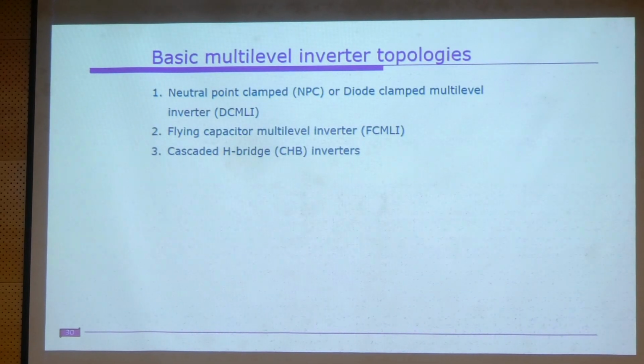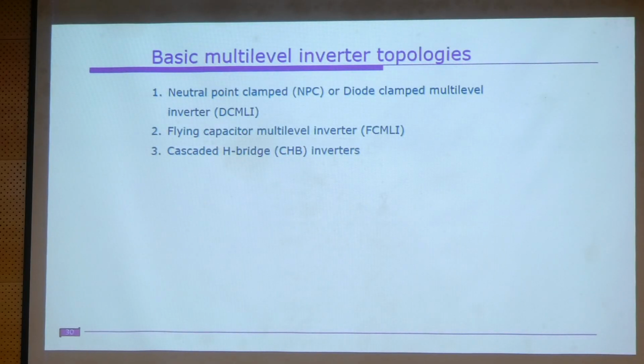There are several inverter topologies available nowadays, but there are three basic building blocks for multi-level inverters. One is the neutral point clamped inverter, another is the flying capacitor multi-level inverter, and the third is the cascaded H-bridge converter. Right, so first we'll discuss these.